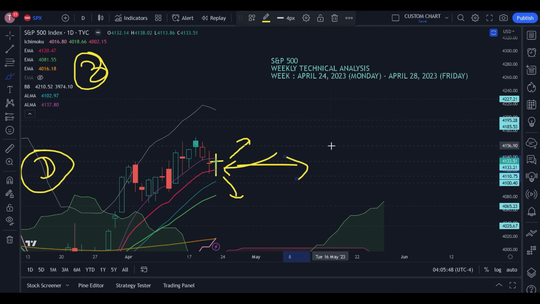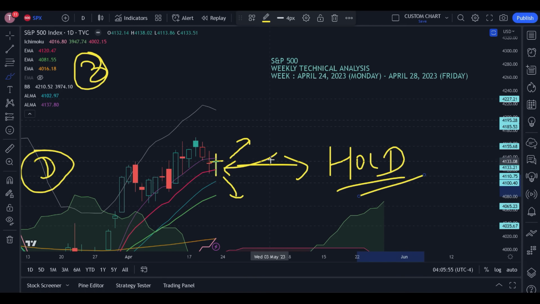It is simply saying that this is what we call the hold condition, or the hold position, where we can expect the S&P 500 to give some movement that will indicate a hold. This is not indicating a gap up open or a gap down open. Whatever happens on Monday, a gap up or gap down, initially at least it will indicate that the S&P 500 is trying to hold.